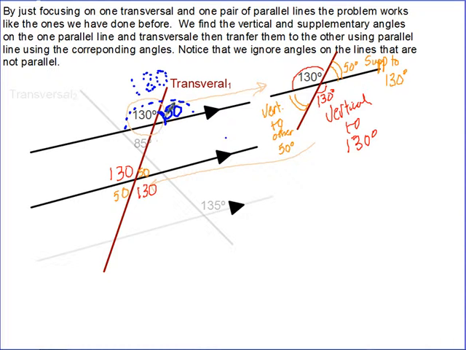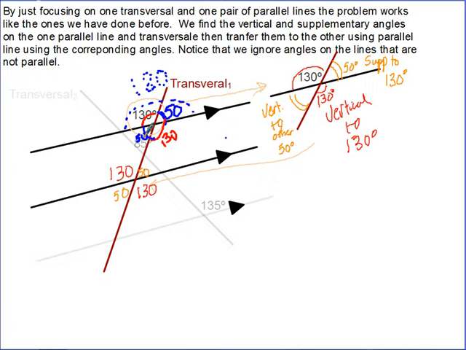And if I came around here, this angle would have to be supplementary because that's a straight line. It's also vertical, so it's going to be 130. That one's 130. And this one right here is 50.